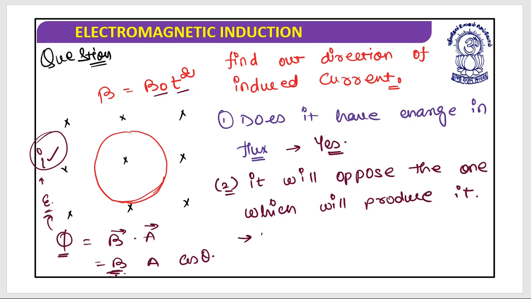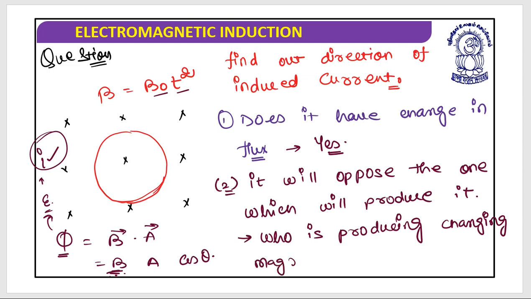So the question should be, who is producing the changing magnetic flux? Who is going to change the magnetic flux? This should be the second question.